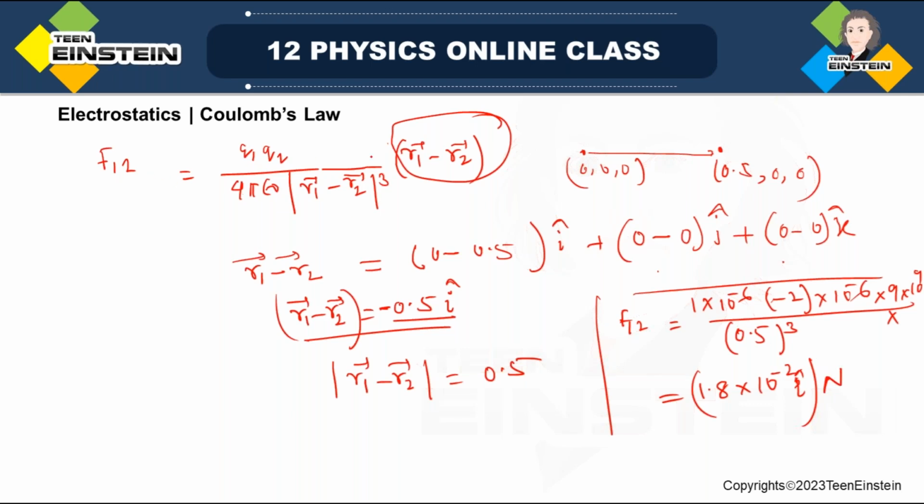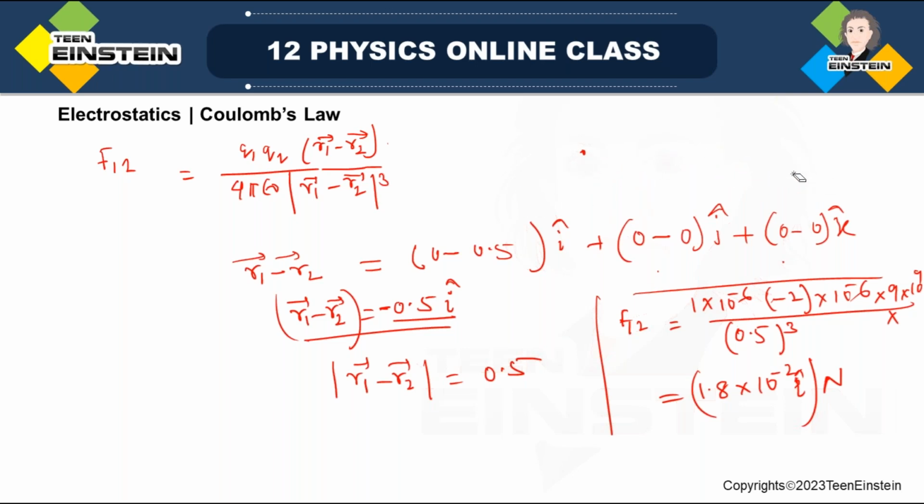So what we get for F12, I'll just write it here so that we can erase some part. Okay, so you can see we get this in terms of vector only.